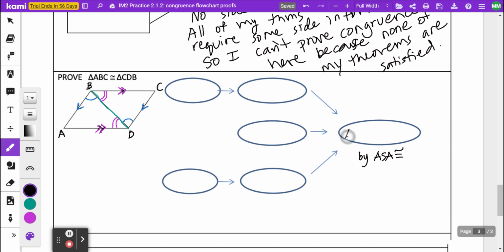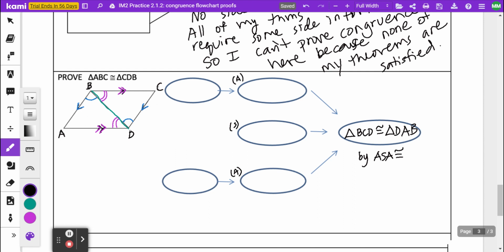And our congruence statement: triangle BCD is congruent to triangle, I started with B and then I went to C, so I'll start with D and go to A. D, A, B by angle, side, angle, which means I have to do angle, side, angle in sequence.